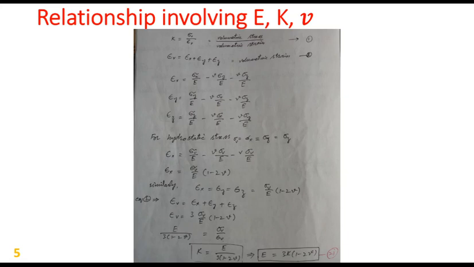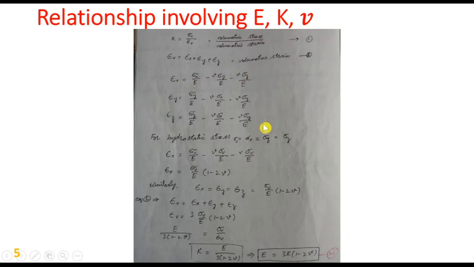Next, the relationship involving E, K and mu. K is the ratio of volumetric stress sigma v over epsilon v, and epsilon v is the volumetric strain, the sum of epsilon x plus epsilon y plus epsilon z.